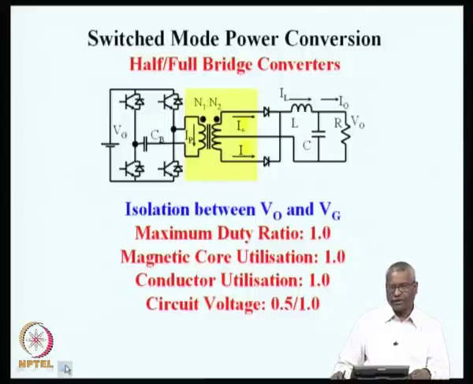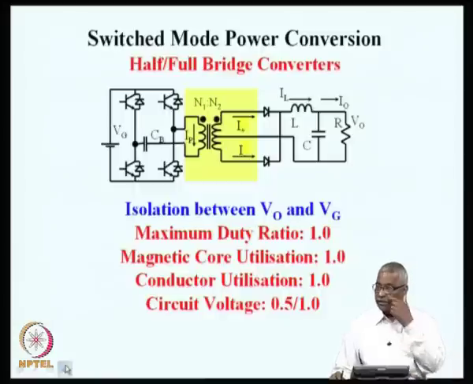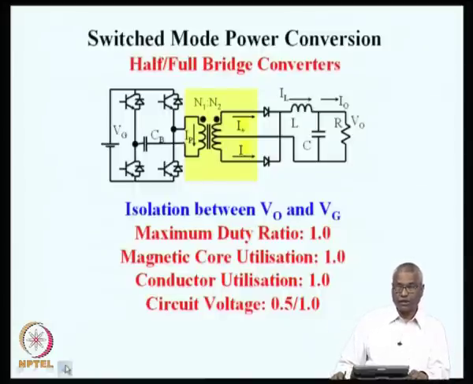Another interesting thing is that in the half bridge circuit and the push pull circuit and the lossy reset or lossless reset, you find that there is energy trapped in the core in the form of magnetizing energy.